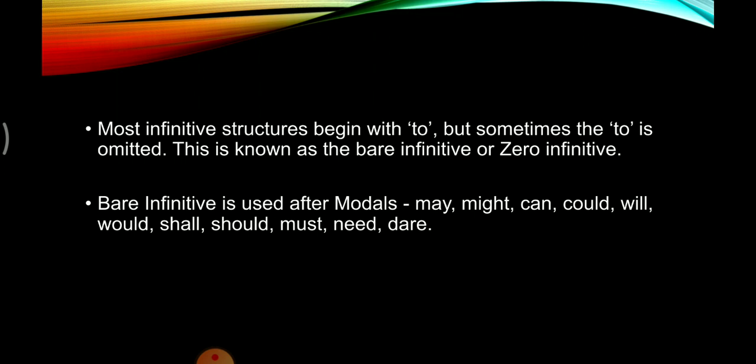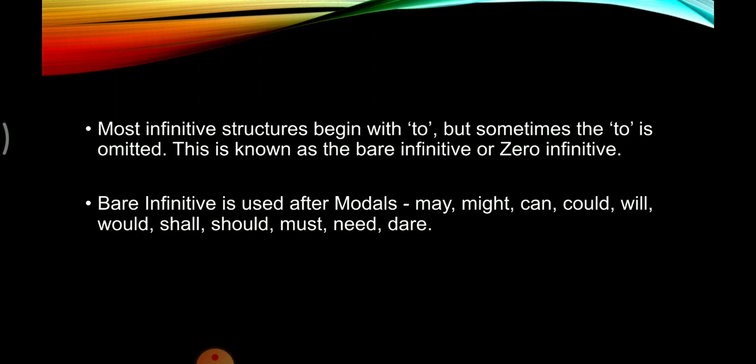Next, most infinitive structures begin with to, but sometimes the to is omitted, like deleted. There is no to. This is known as a bare infinitive or zero infinitive. Okay, so just a few seconds ago, we got to know that to eat, to read, to dance, and so on will be infinitives.